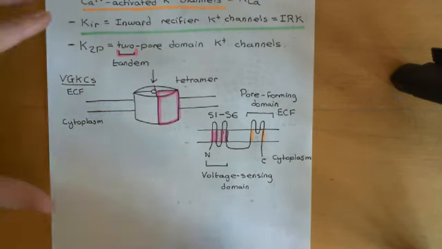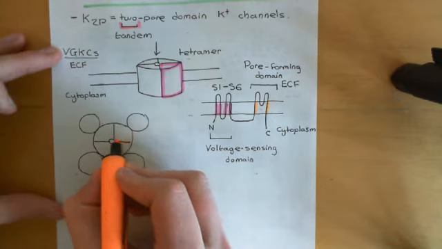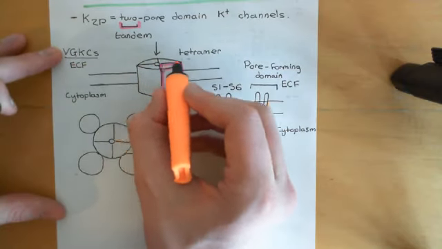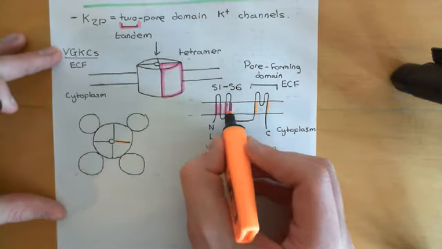It's the pore forming domains that make up the central bit. I apologise that this portion is coloured in the same colour as that. In reality, it's the pore forming domain here in orange that makes up these portions here. However, it's not as simple as you might think.